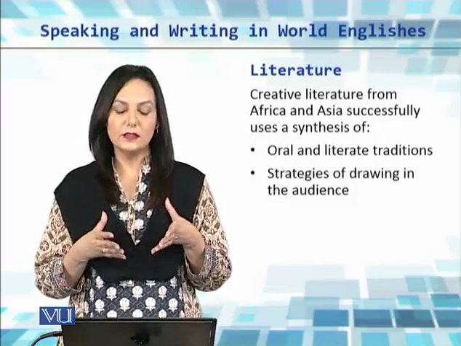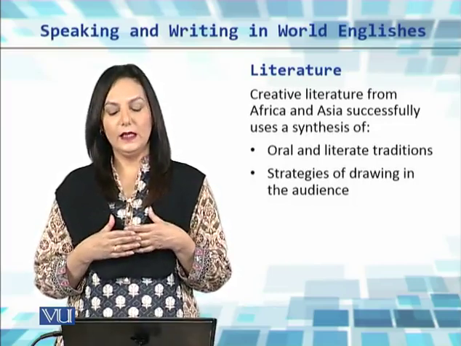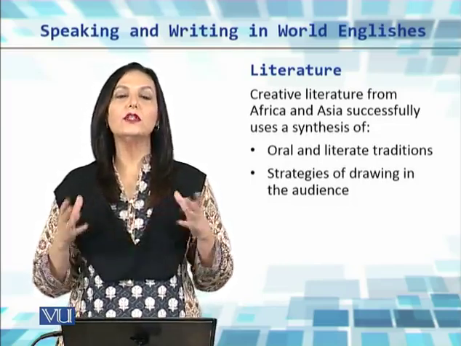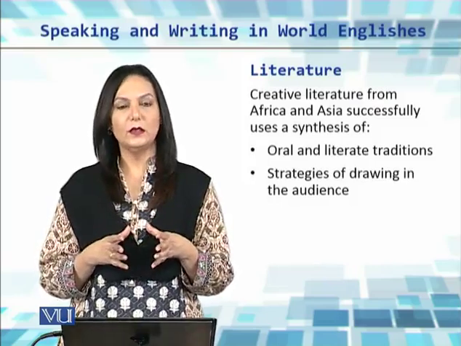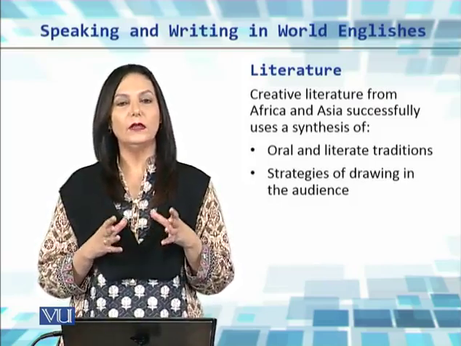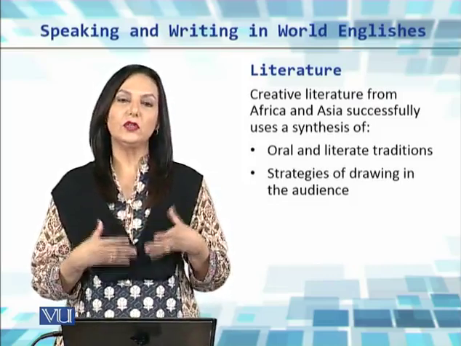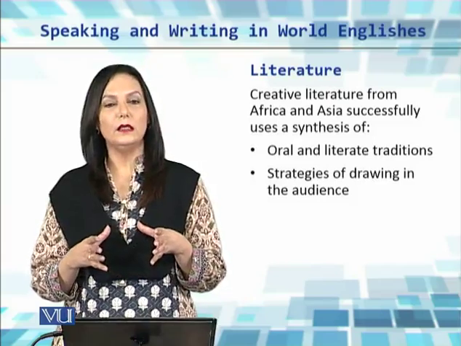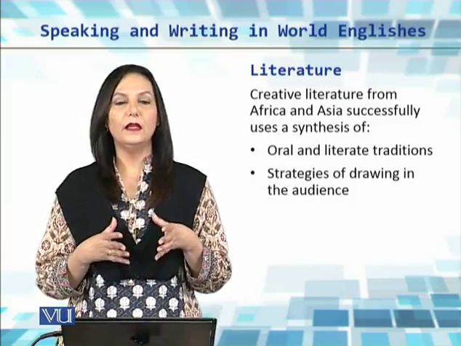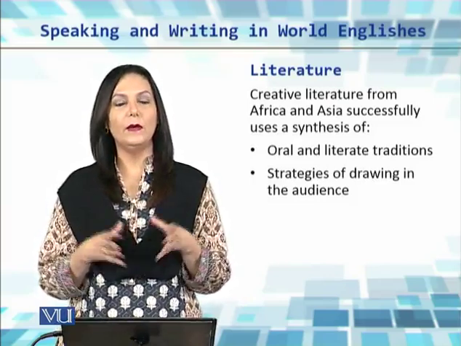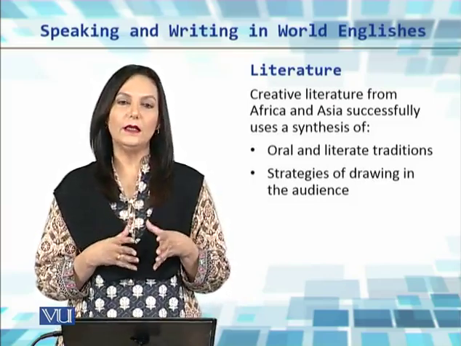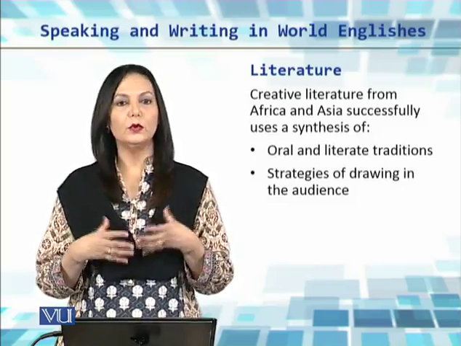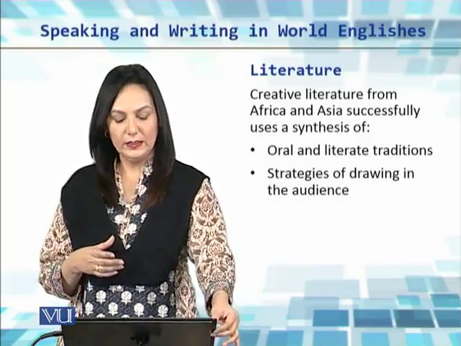So we see a synthesis of oral and writing traditions and also of strategies to attract the audience, the readers, in the writings of writers from the outer and expanding circle countries, Asian and African countries who write in English. So they show a very interesting and very powerful combination of a mix of these oral and written traditions from the Asian and African cultures and also from the native English cultures.